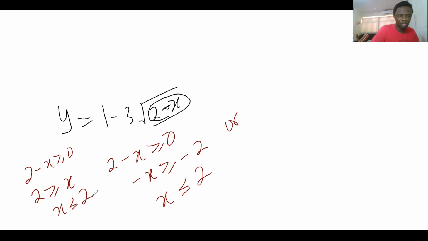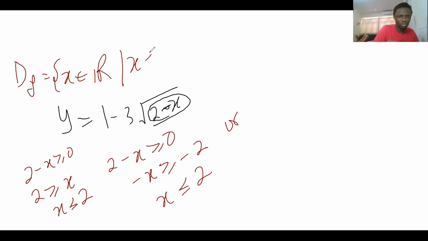So when you are specifying your domain, the domain of the function will be all real numbers x such that x is less than or equal to 2. Okay? Questions? All right, so that's the easiest way to go about it.